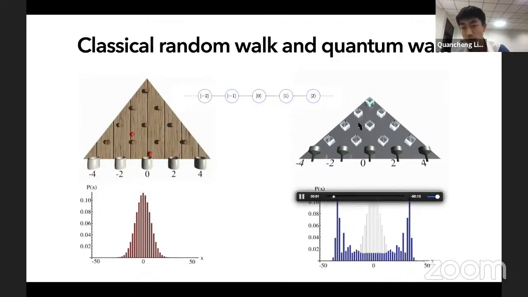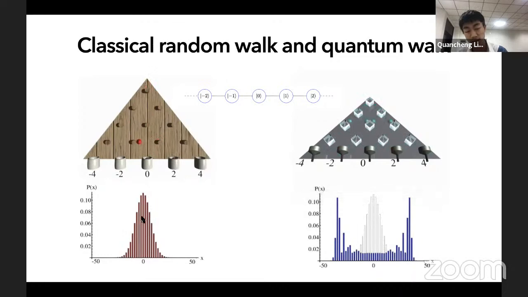But for the quantum case, the story is a little bit different because of the superposition of the quantum state. Now you also have a quantum walker, but it can go to both sides because of the superposition. After some time evolution, you will see that the probability distribution of the walker is very different from the classical case.